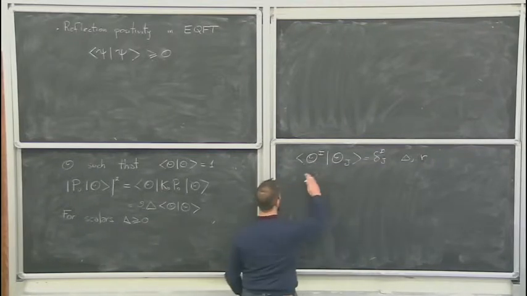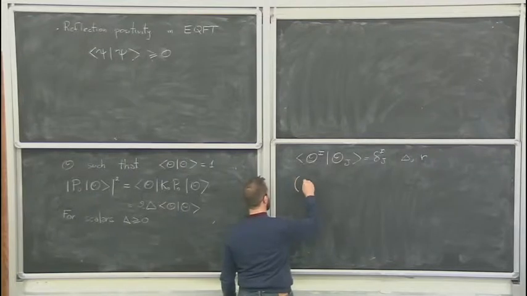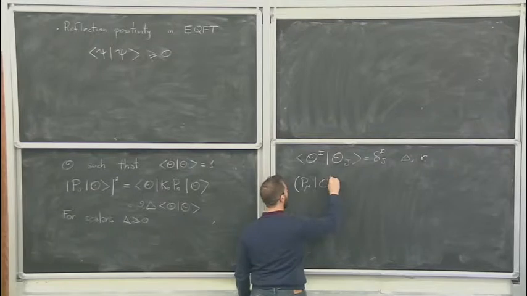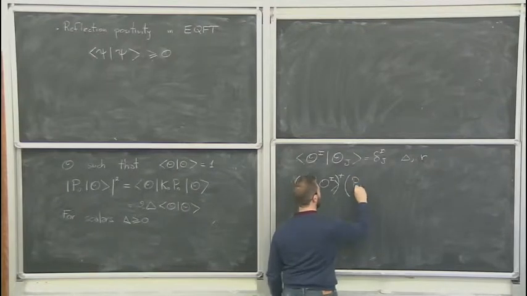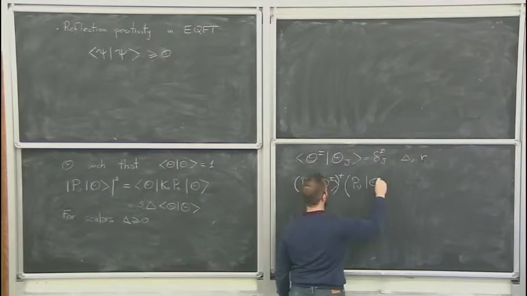And then I want to consider the following object: P nu OI dagger times P nu OJ.